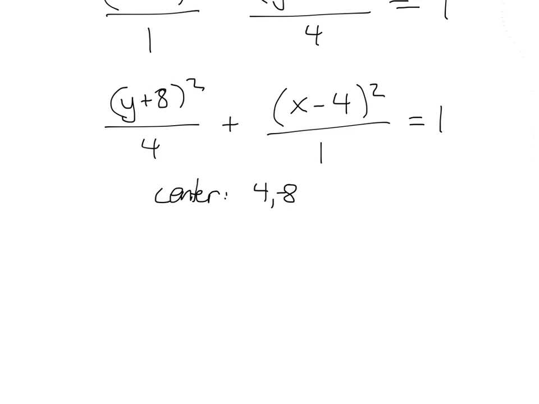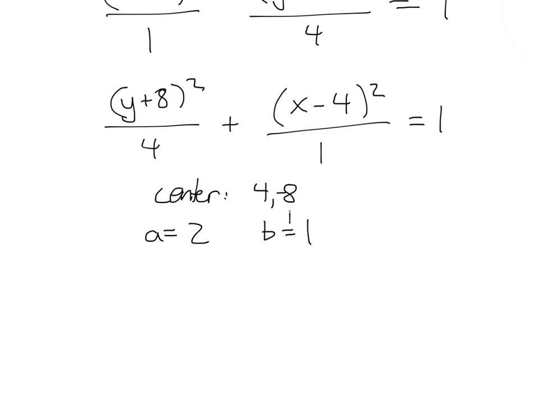Now let's find some other things that are going to be helpful to us as we find the last few elements here. A is this here, or this is a squared. So if we take the square root of that, we'll end up with a equals 2. And then this is b squared, so b equals 1. Now this is really important to remember because it's the only one like this.